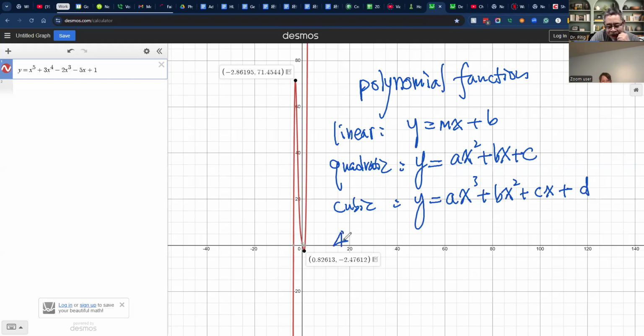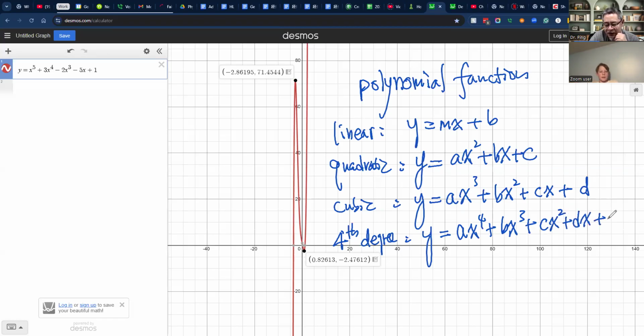Then we call 4th degree. That means the first term is x to the 4th. This is ax to the 4th plus bx to the 3rd plus cx squared plus dx plus e. Then finally we get to 5th degree. Of course, we can keep going, but here we just need to look at only the first 5.